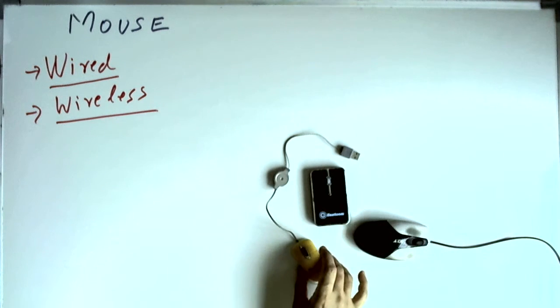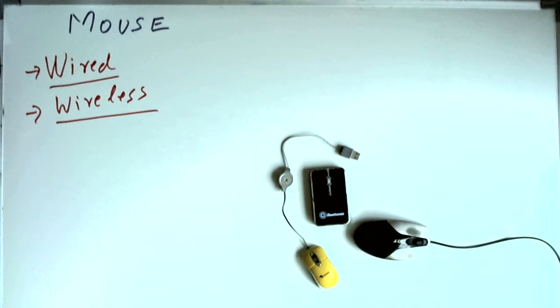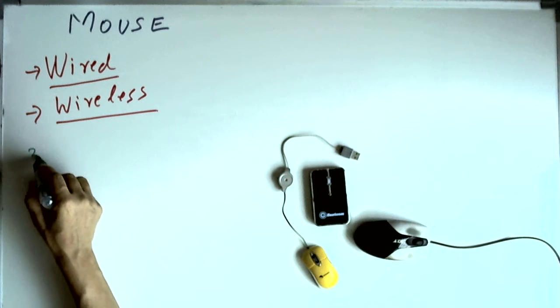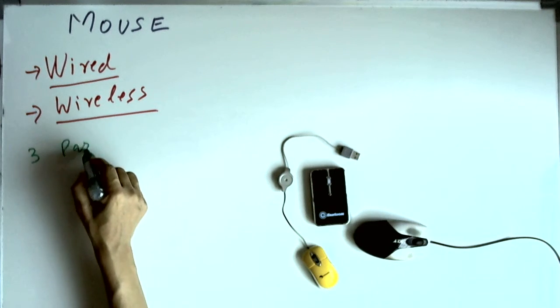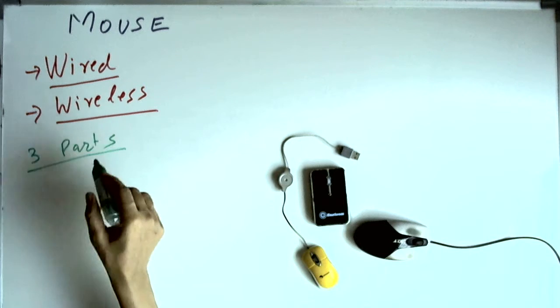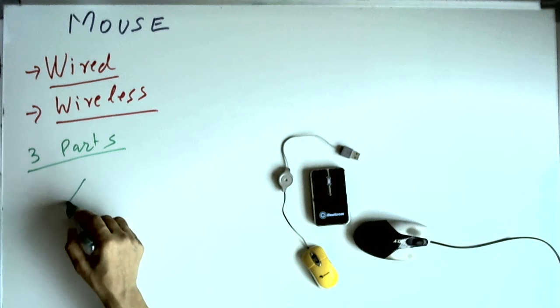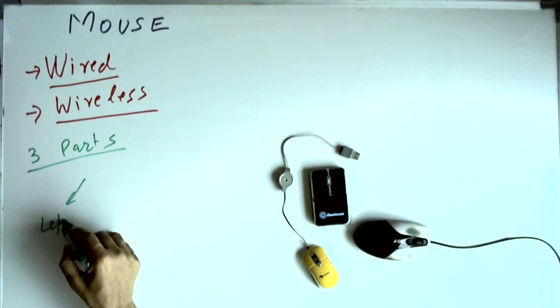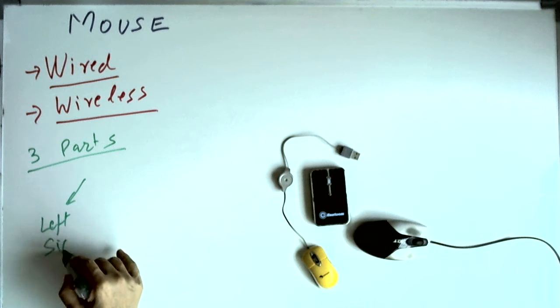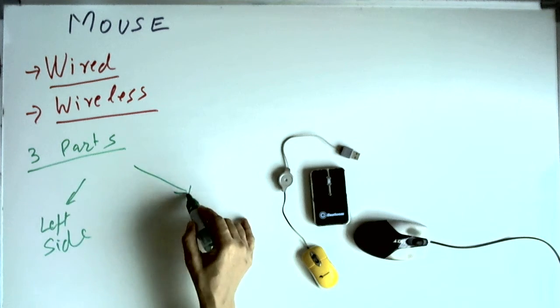So basically there are three parts in a mouse. You should remember, mouse has three parts. There is a left side, and there is a right side.